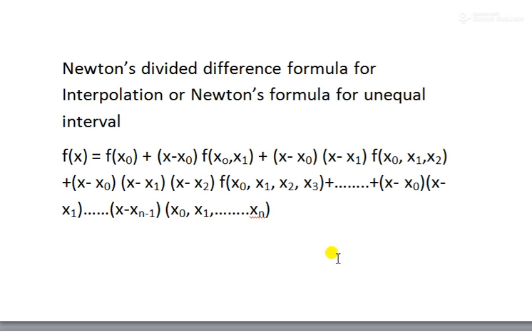Likewise, it will move further: plus x minus x0, x minus x1, into x minus x2, into f of x0, x1, x2, x3, plus, and it will go on further.